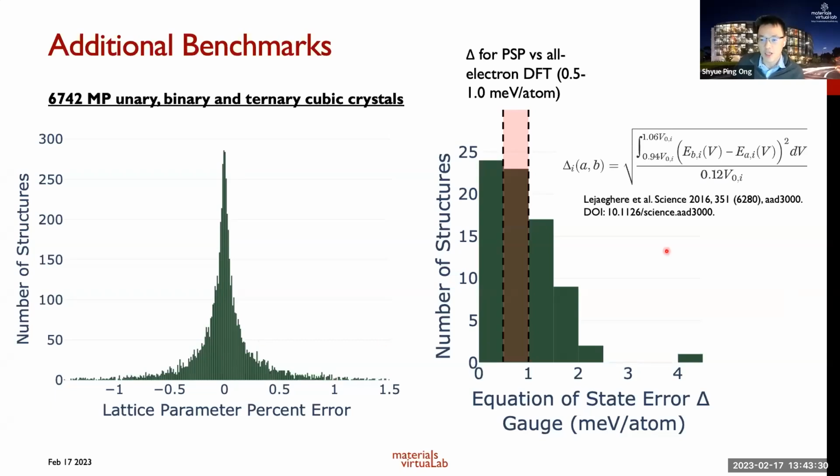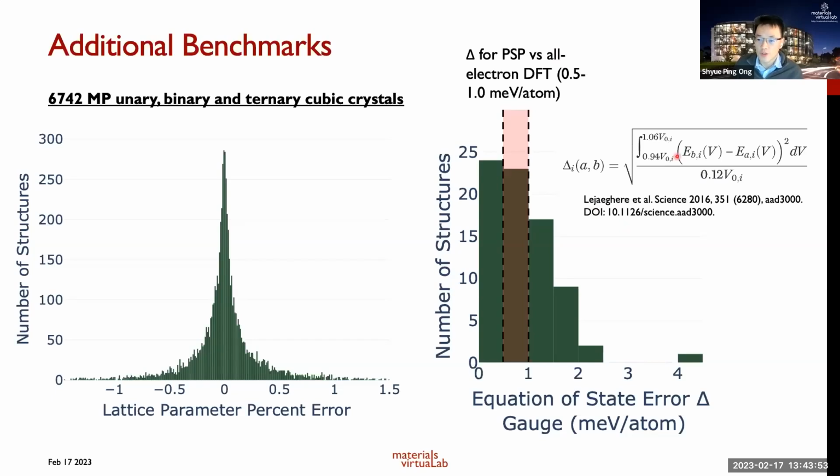Okay, you can also calculate what is called the delta gauge. So this is something that was come up with by Jollet, who looked at the differences between, say, a pseudo-potential code and an all-electron DFT, and he was essentially looking at the errors in the equation of state, okay?